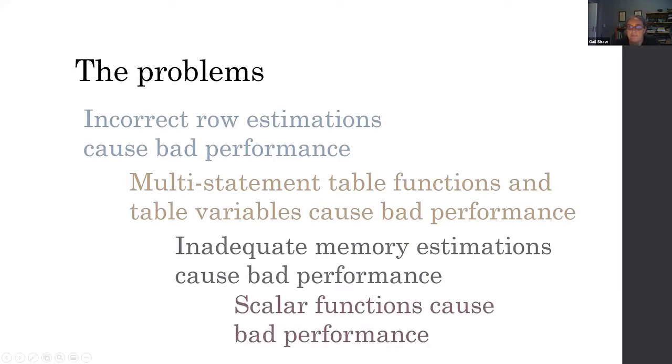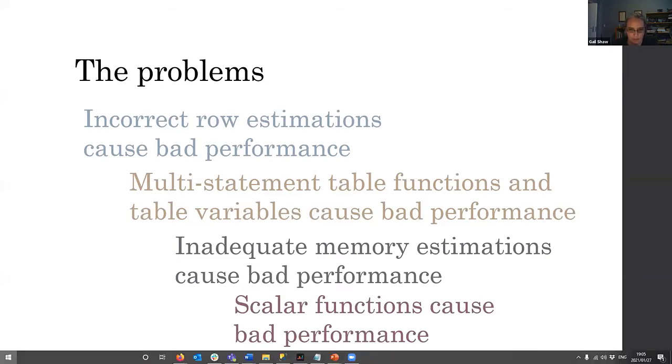And then lastly, scalar functions cause bad performance. I affectionately refer to scalar functions as developer pit traps, because I've seen so many developers run into them at high speed, not realizing that there's a problem, and get really, really badly burned and hurt as a result. So those are our problems.